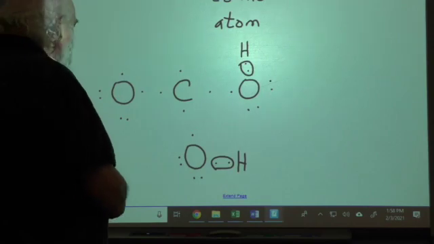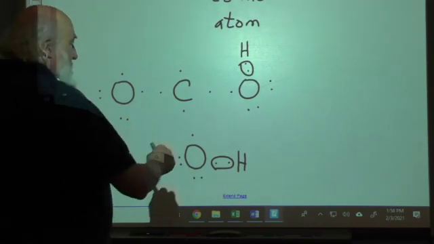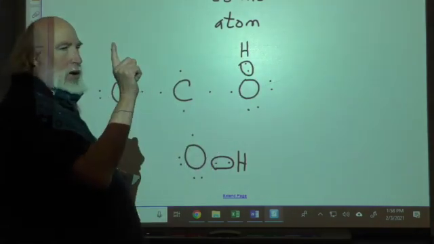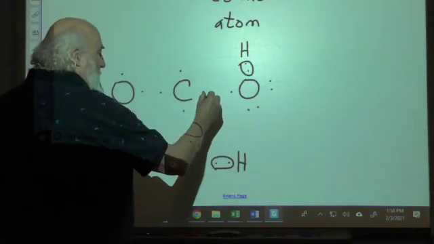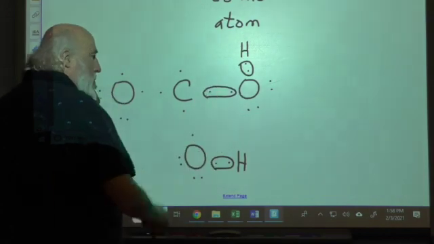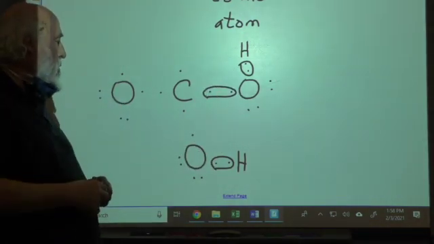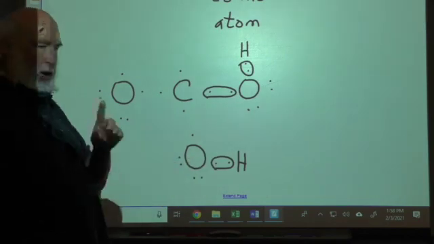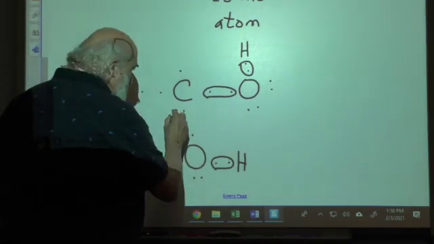Now, that leaves 7 electrons for this oxygen, 2, 4, 6, 7. It lacks 1 electron, so it's going to form a single bond with this carbon right here. This oxygen, same thing, 7 electrons, 2, 4, 6, 7, lacking 1 electron to be full.